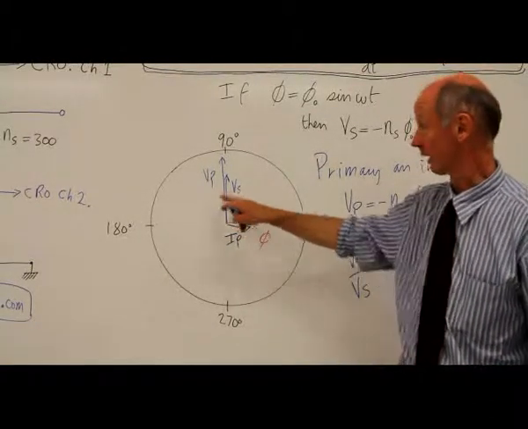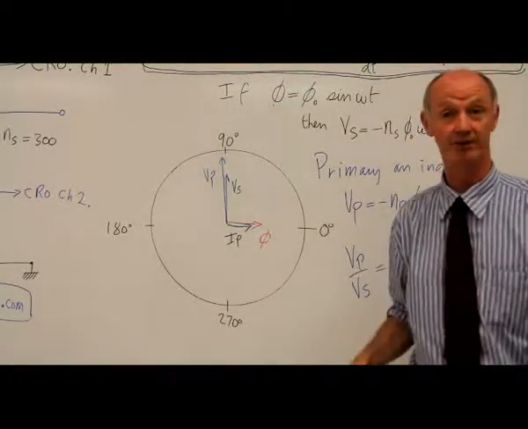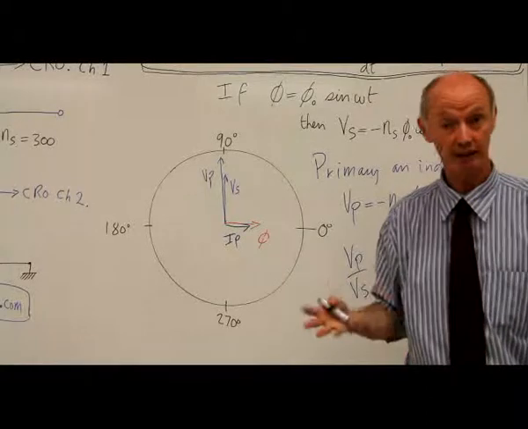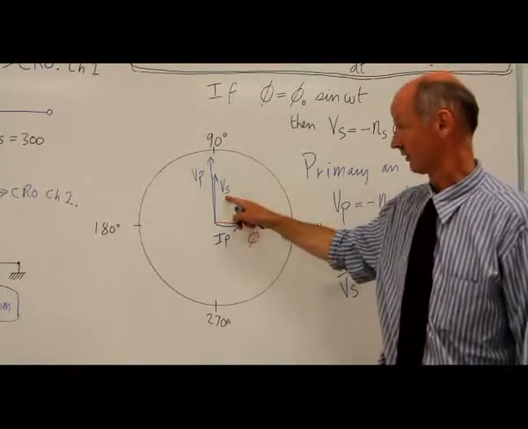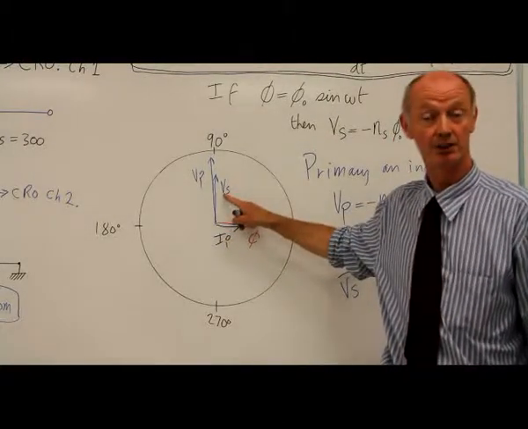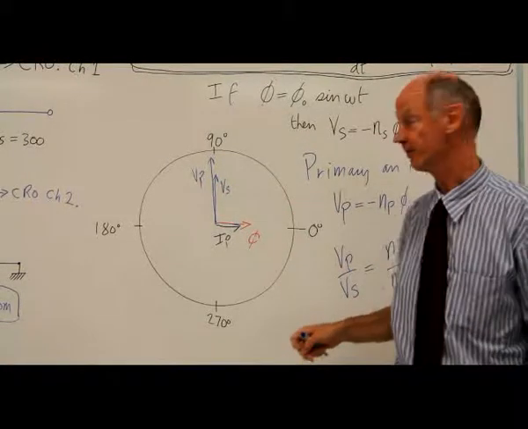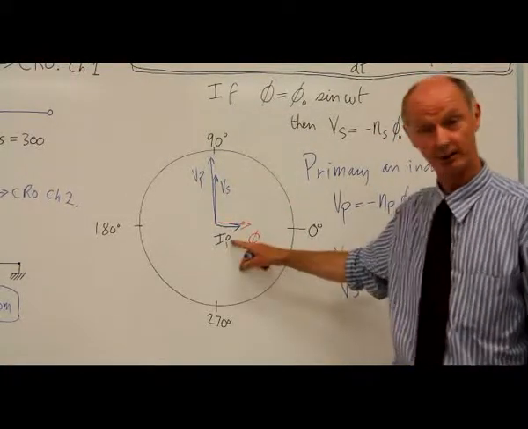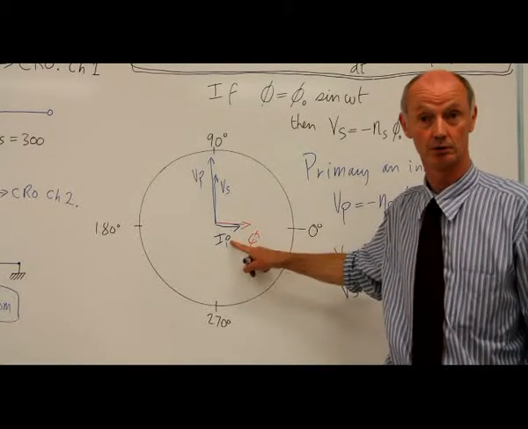It's the current in the primary which creates the phi, which induces the voltage in the primary, which is out of phase with that current. And of course the voltage in the secondary is out of phase with this current to the same extent, so that the primary voltage and the secondary voltage are in phase. It's the current in the primary that makes the magnetic field, not the voltage.